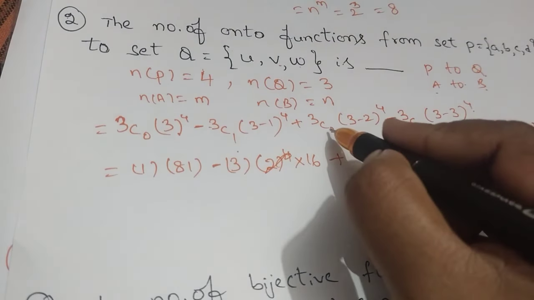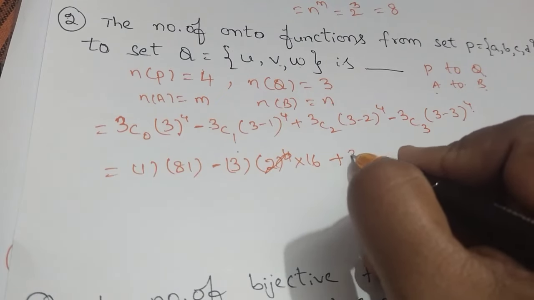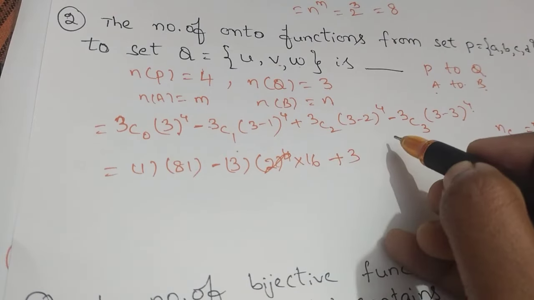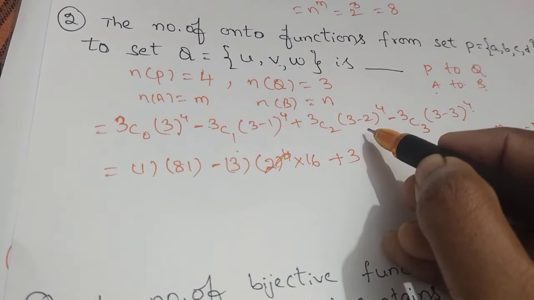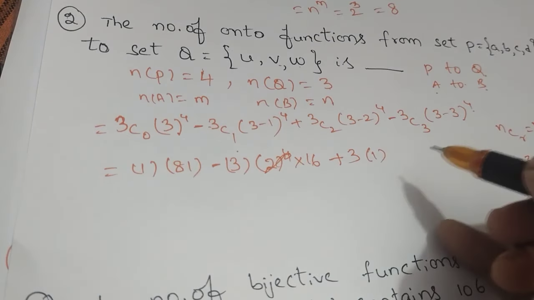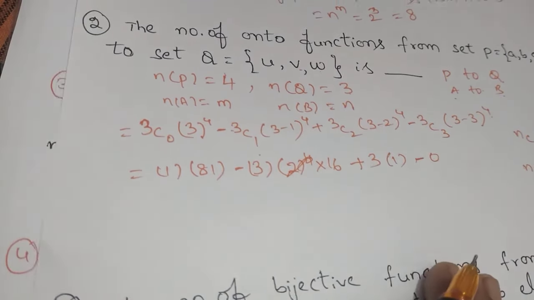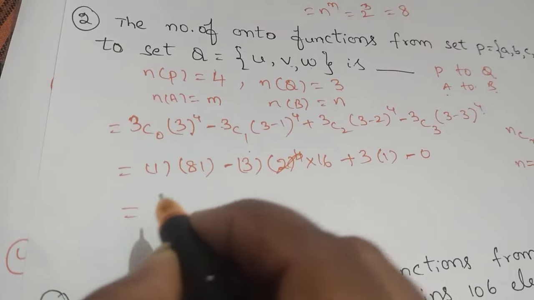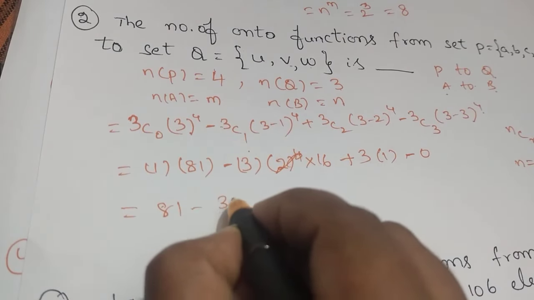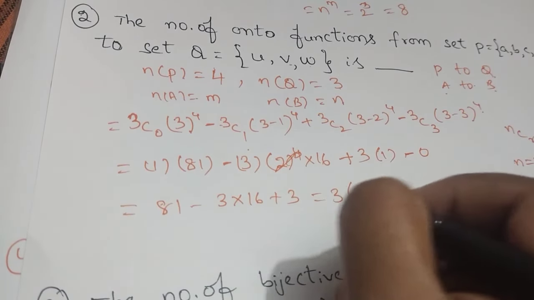Plus 3C2, which is 3 according to the nCr formula. Then (3 minus 2) is 1, so 3 into 1 is 3, and (3 minus 3) is 0, so that term is 0. Now simplify: 81 minus 3 into 16 plus 3 is equal to 36.